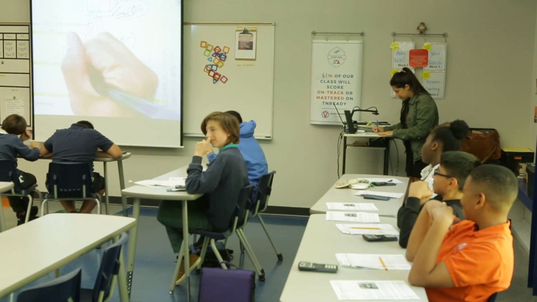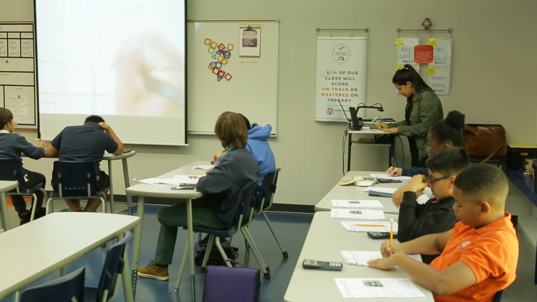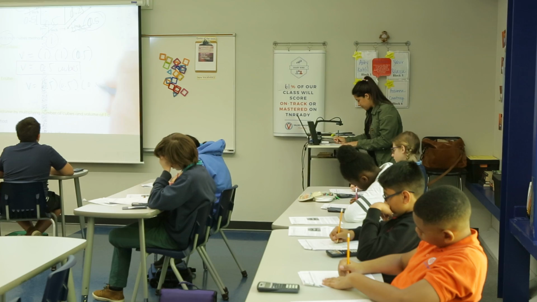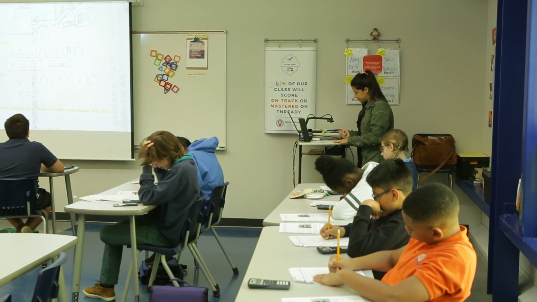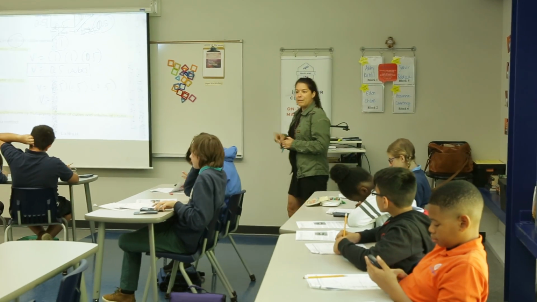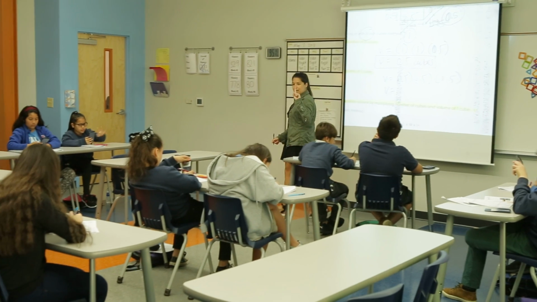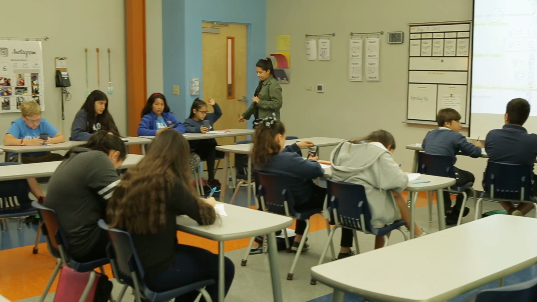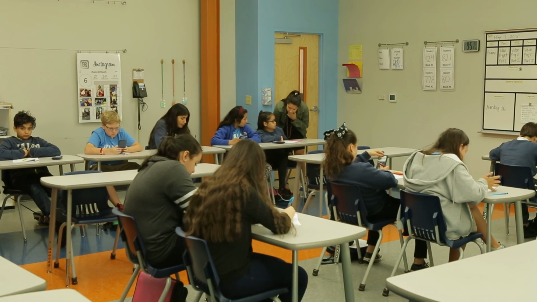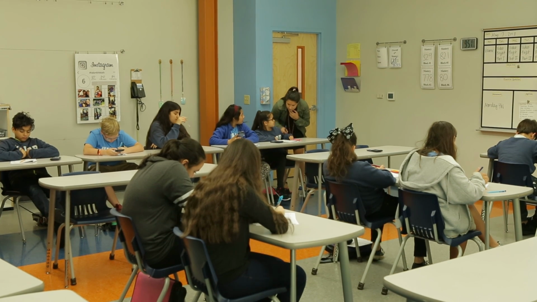So on your paper, you need to have volume equals 0.5 times 0.5 times 0.5. Go ahead and do that in your calculator now.